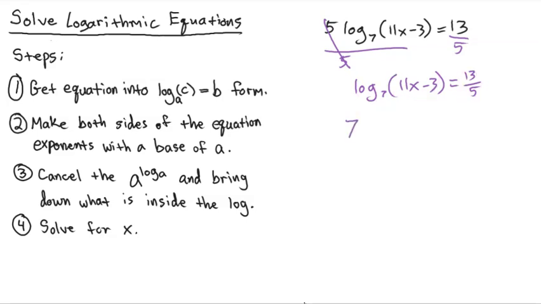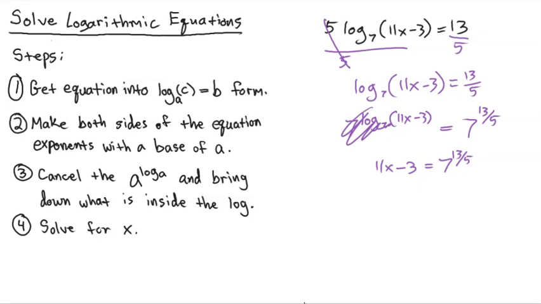So we're going to have 7 to the power of log base 7 of 11x minus 3 equals 7 to the power of 13 over 5. We can now cancel the 7 to the power of log base 7, bring down the 11x minus 3 equals 7 to the power of 13 over 5.